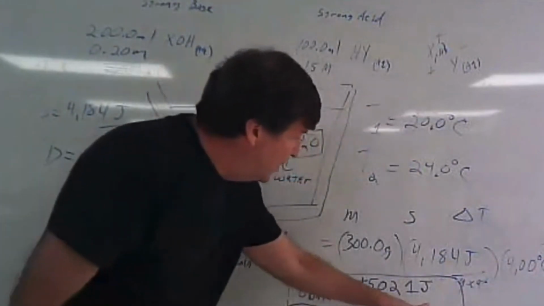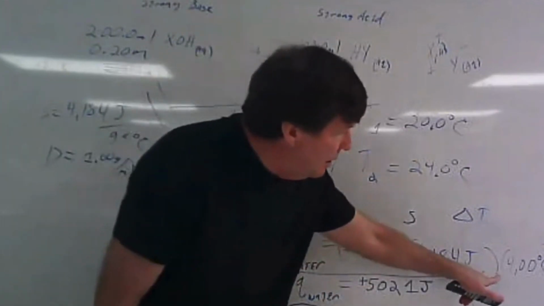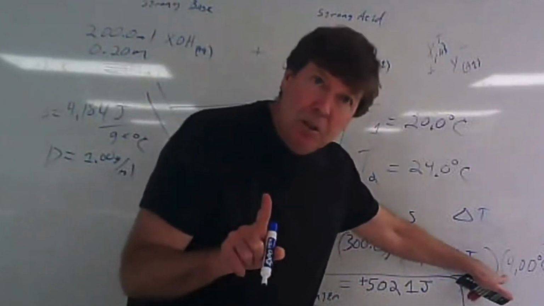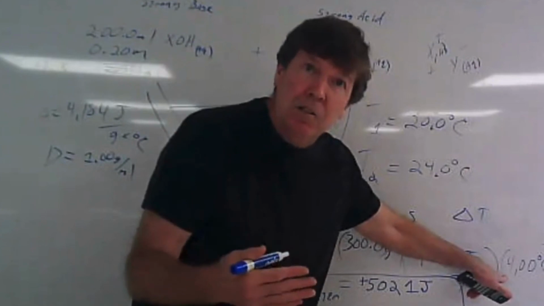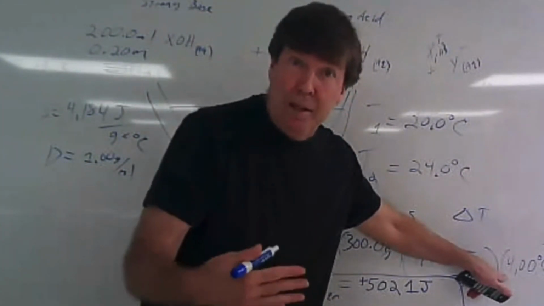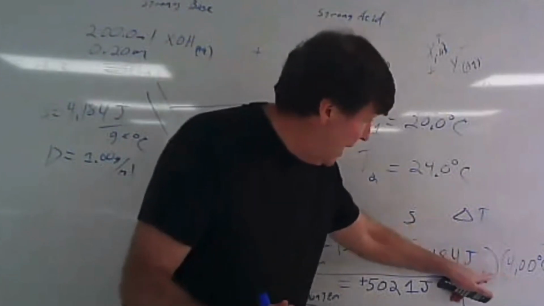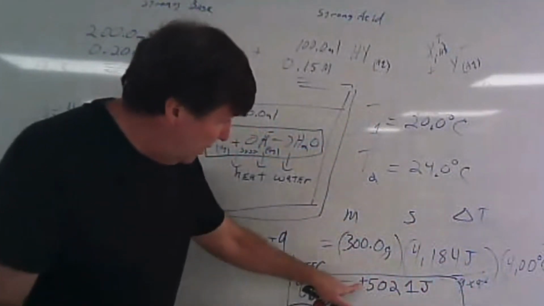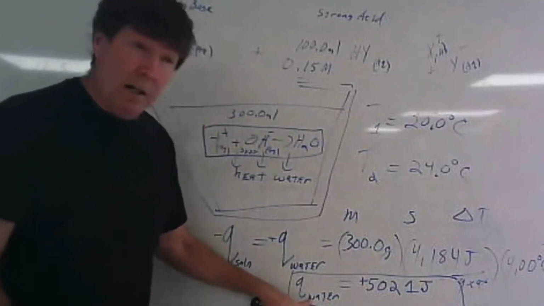My answer comes out in joules. And notice my change in temperature, change is final minus initial, so 24.0 minus 20.0. That's a positive value. This is all positive. That's the gain by the water.